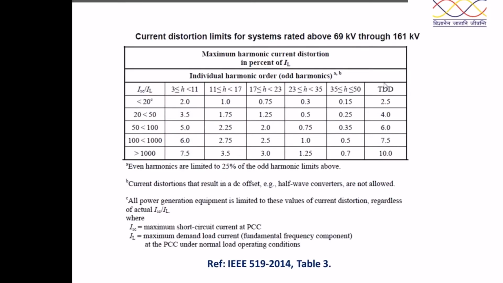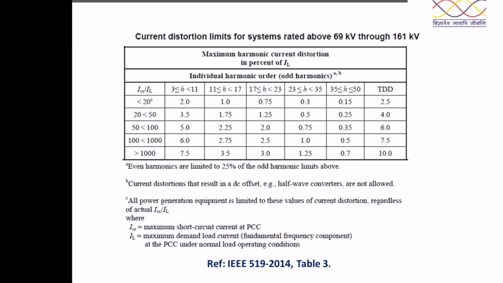Similarly, the current distortion limits for systems rated from 69 kV through 161 kV are available, where at the higher voltage level the current distortion limits are lower because many consumers are connected there. Whenever you have a higher current distortion, which is the cause, the effect of that is higher voltage distortion.